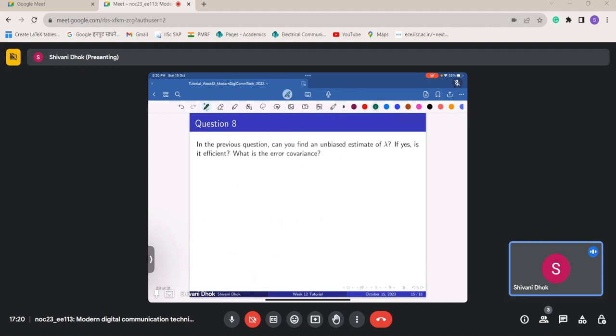That is, we need to try to write del by del lambda of log of f of y given lambda as equal to I of lambda times g of y minus lambda. Then your lambda hat will be g of y.